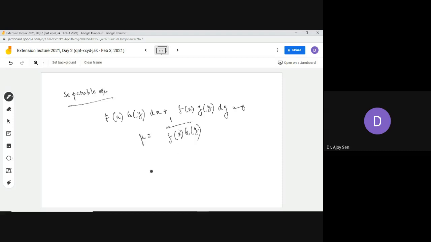You can integrate it out, and in this way you can solve equations. So this is a separable equation, a particular case which we mentioned.